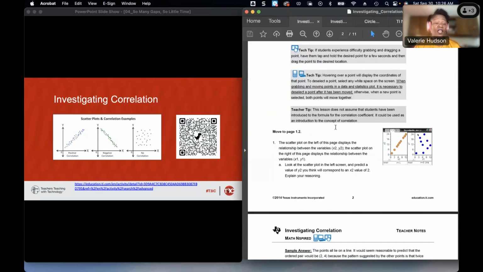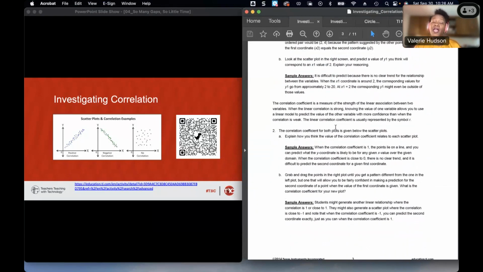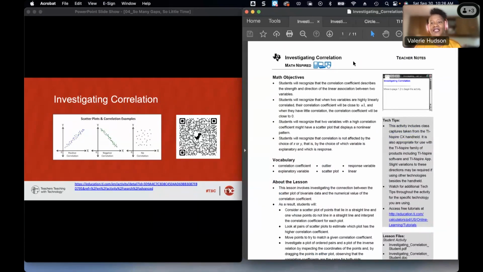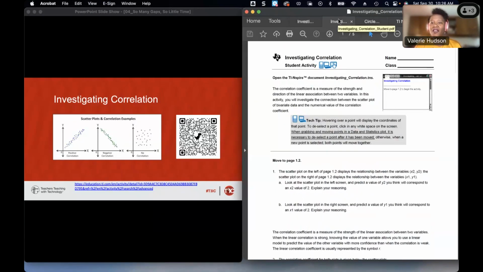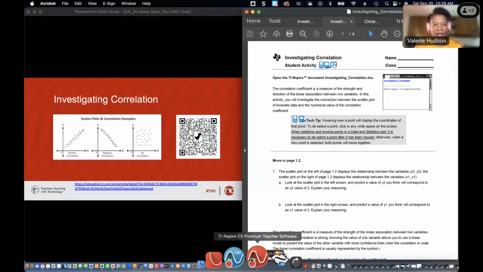If you have Navigator in your classroom, it'll give some tips on that, as well as the answers. So that's nice. But we're going to concentrate on the student activity. With that student activity, we're going to start out with a scatter plot, as it says here in the instructions. We are going to talk about relationships as well as the correlation coefficient that goes along with that.